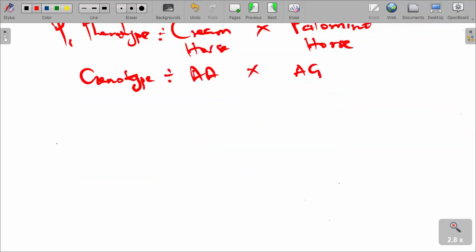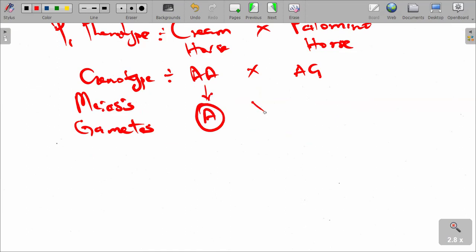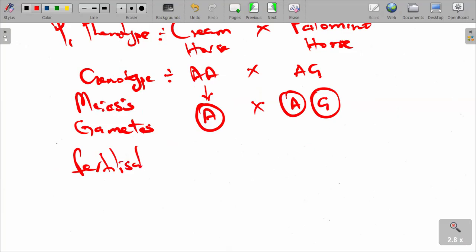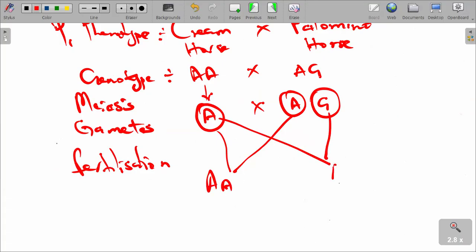And then we say meiosis and gametes, we are going to have this, and then we have AG. Then fertilization, we are going to have AA, and when we cross that and that, we have AG.